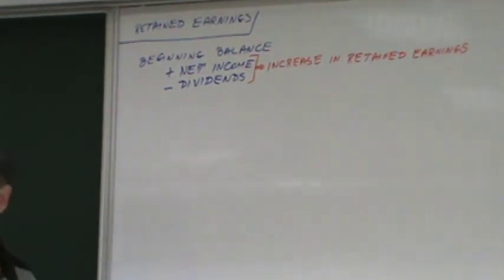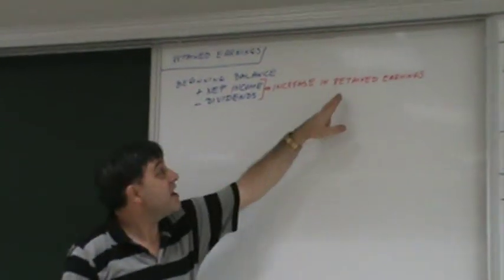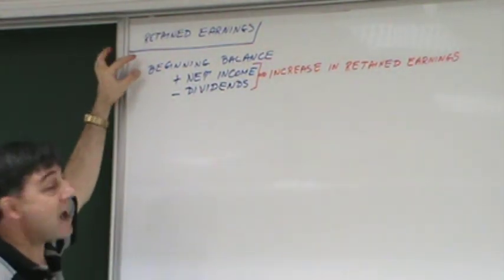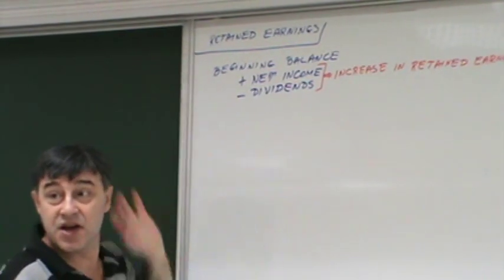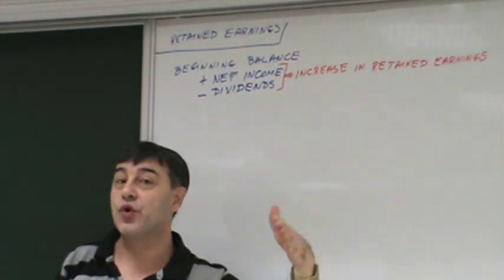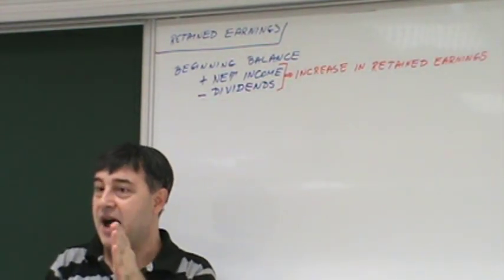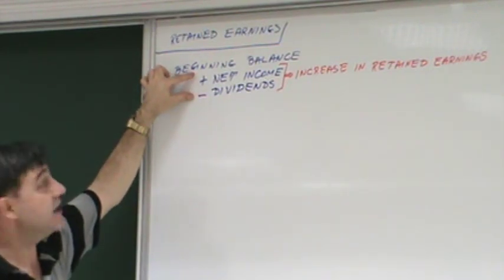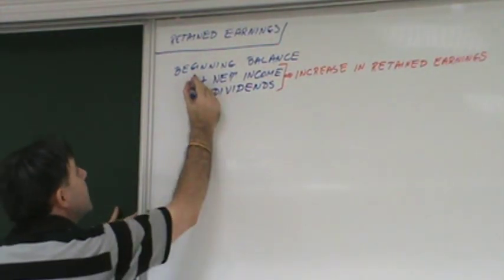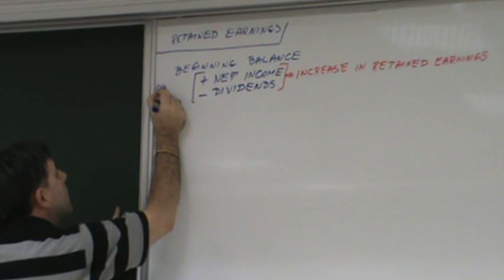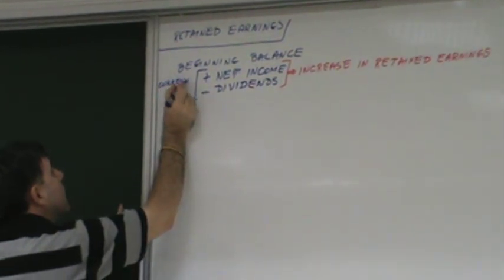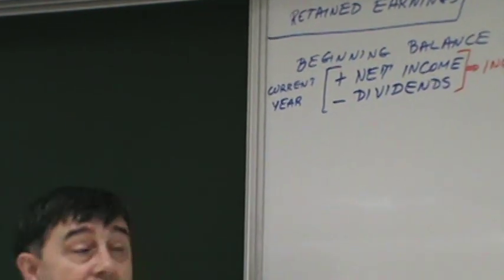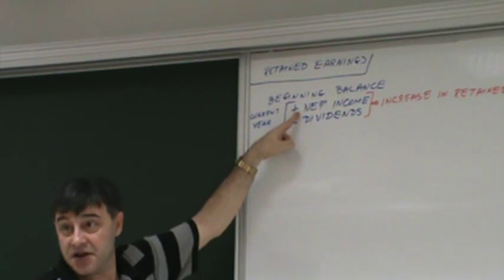Okay, so retained earnings for the current year, okay? So you have beginning balance of retained earnings. This is retained earnings that has been accumulated for all years up to the beginning of this year. Then for the current year, you got net income and dividends. So we call this now current year. This comes from the income statement.